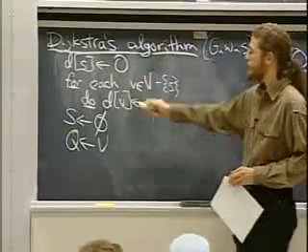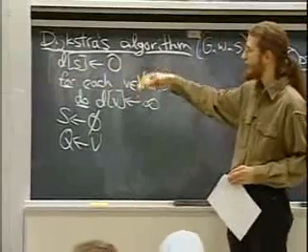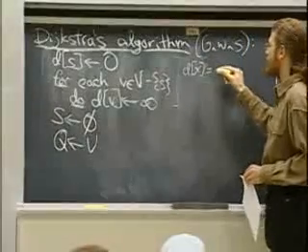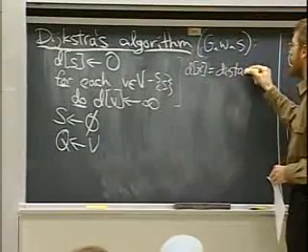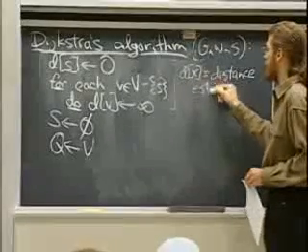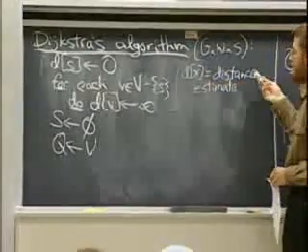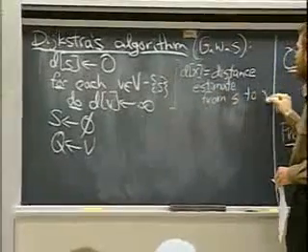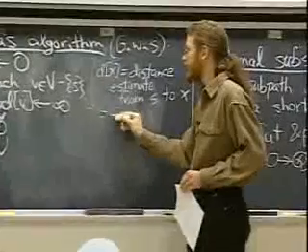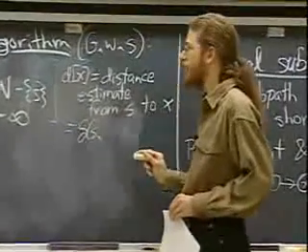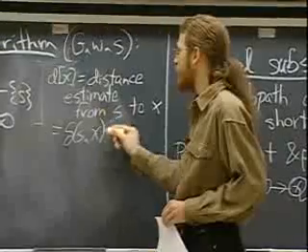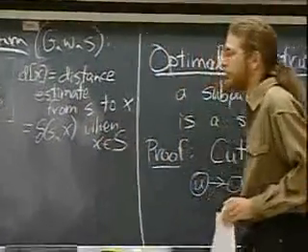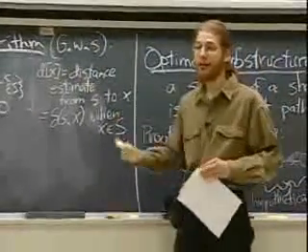So this D is some array indexed by vertices, and the idea is that D of x is the distance estimate for x, from S to x. So in particular, it's going to equal the real shortest path weight from S to x when we've added x to our set capital S. So this is in particular going to be the output of the algorithm.